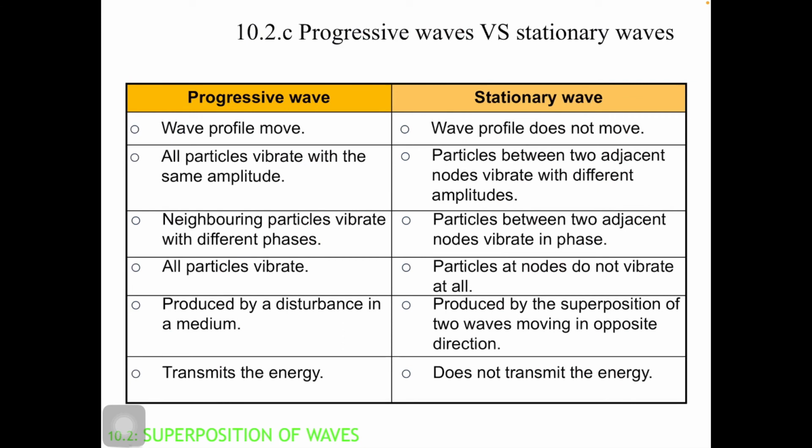Okay, then these are the differences between progressive and stationary. Progressive ni nama lain dia adalah travelling. Stationary nama lain dia adalah standing wave. Okay, wave profile moves, maksudnya wave awak tu bergerak daripada one point to another point. Kalau stationary pula, wave profile awak dekat situ sahaja. Okay, macam yang tadi kita buat.